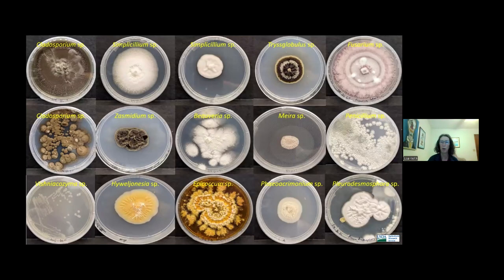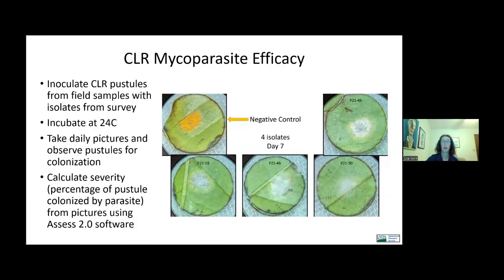And this is just to show you a picture of the incredible diversity that we were isolating. So, the potential of these mycoparasites for coffee leaf rust management. We started with our leaf disc assays, which worked very well, taking infected leaves from the field, creating leaf discs that had spore production, and then seeing the efficacy of various isolates on these discs.